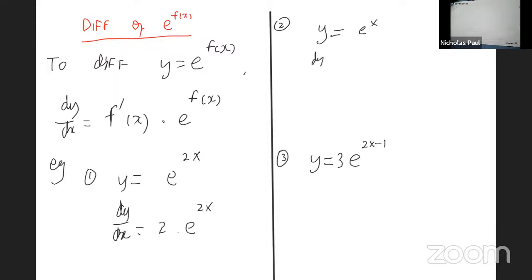Finish. So you'll get dy/dx is equal to e to the x. Here, you'll get the differential of 2x minus 1 is 2. Write back the 3 e to the 2x minus 1. So you'll get 6 e to the 2x minus 1.